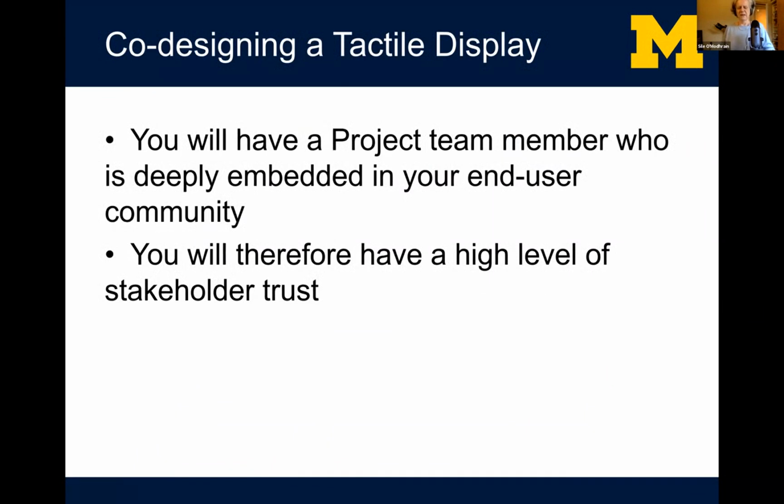So going back again to this idea of having a project team member deeply embedded in the community, it's not just that the team member will have access to lots of participants, because that's sometimes what people think having an embedded team member might be, but they also have access to the culture of the community. In this case, it's the culture of braille reading and access to braille.